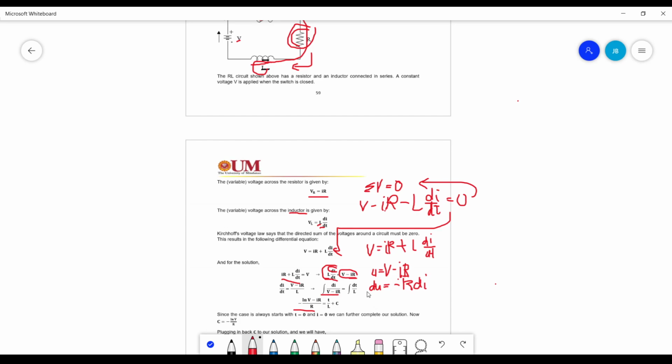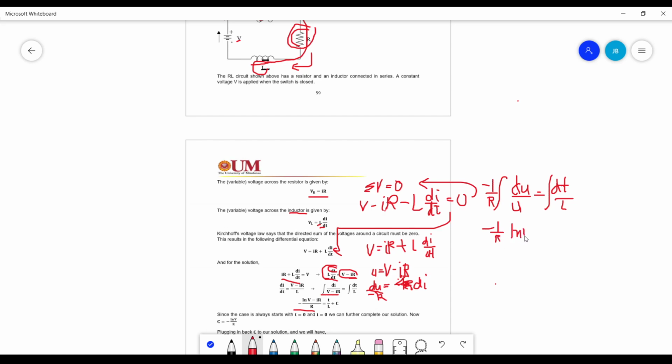Therefore, we can say that di is equivalent to negative du over R. Rewriting that equation, di is negative du over R. Since 1 over R is constant, we move it over, and what's left is du over u equals dt over L.